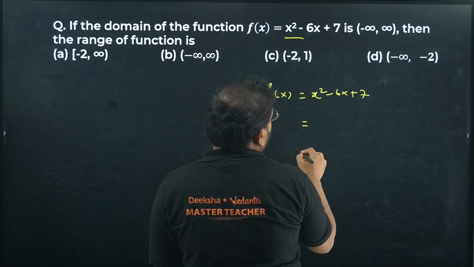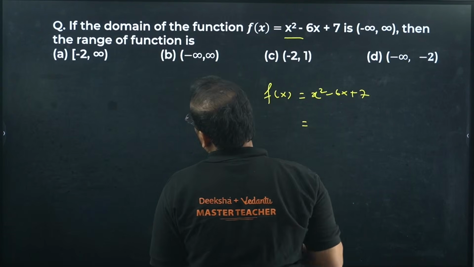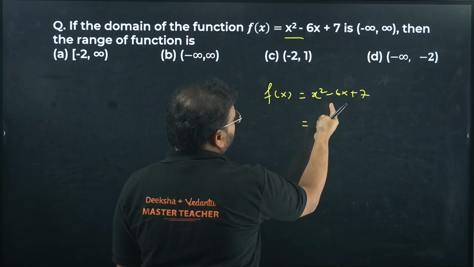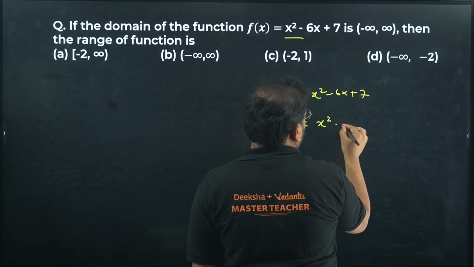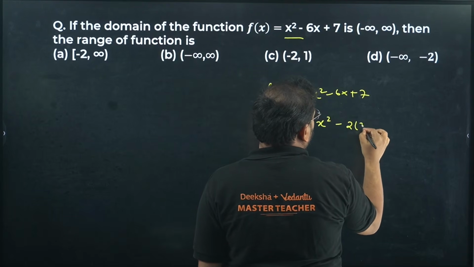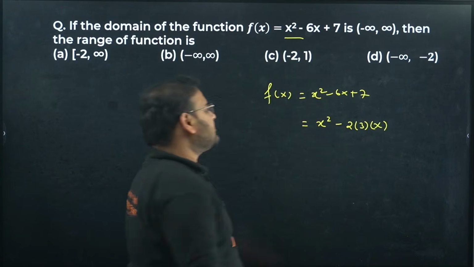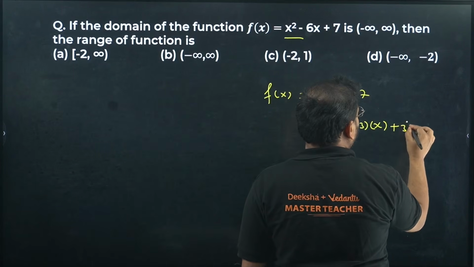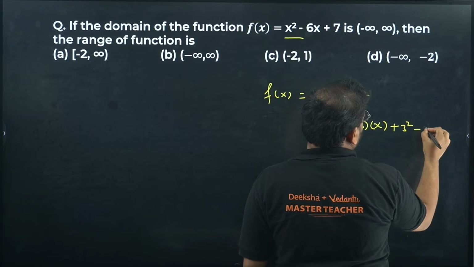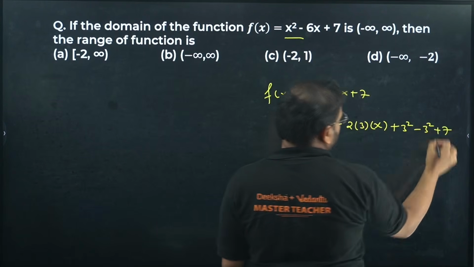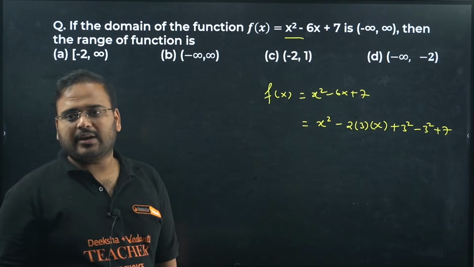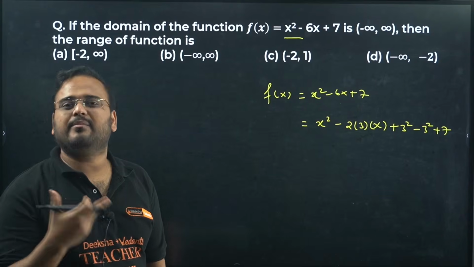One more thing, can I make a whole square of this? Minus 2 into 3 into x, that is minus 6x. So it means I need to add plus 3 square and remove minus 3 square, and plus 7 remains as it is. Because I'm looking for the range, making a perfect square becomes much easier.